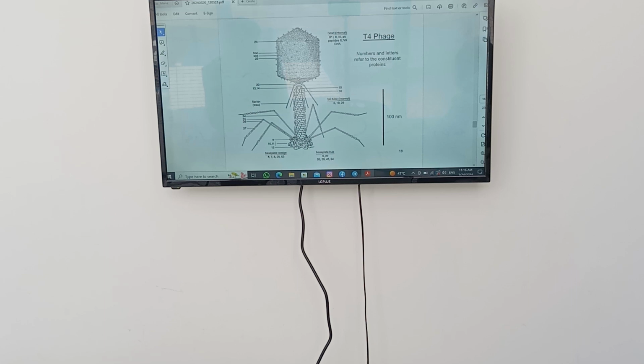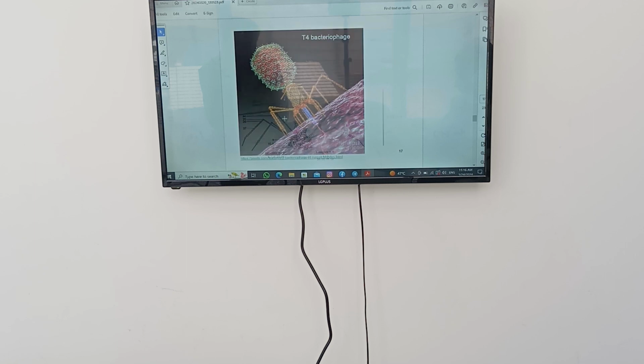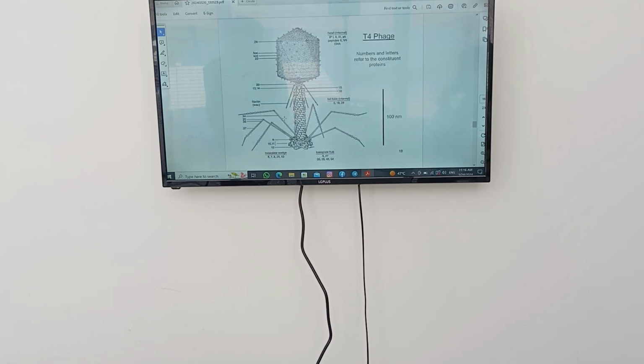Okay, this is the tail or the tube, and these are the baseplate hubs, and these are the baseplate wedge. Okay, and these parts are the fibers. These appendages are used to inject into the creature, like this one. Okay, and then the bacteriophage will insert its genetic material into the cell that it has attached to. This entire creature is only 100 nanometer. Okay.